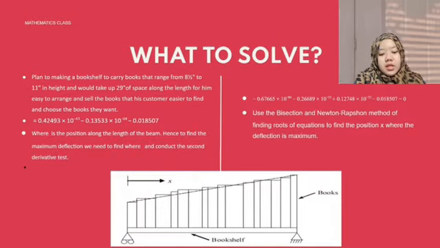This equation gives the position x where the deflection is maximum. So we use the bisection and Newton-Raphson methods of finding roots of equations to find the position x where the deflection is maximum.